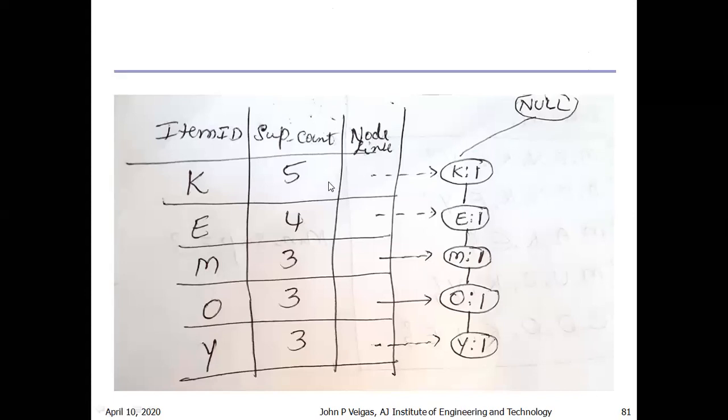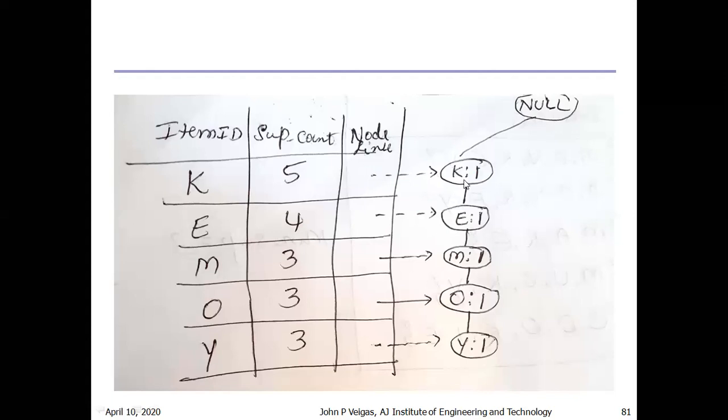Now, from the previous, I think you have noted down that ordered item set, right? Now, first transaction, K is present. That's why create a node and create a node link from this data structure.